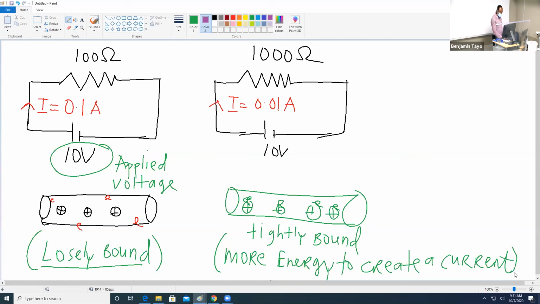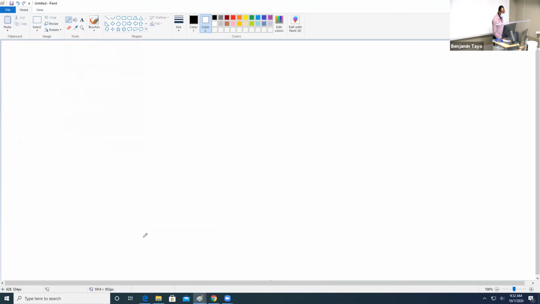All right, so that's one example. Let me solve a second example here. Suppose that we have something that looks like this, and let's say that this is 100 ohms.